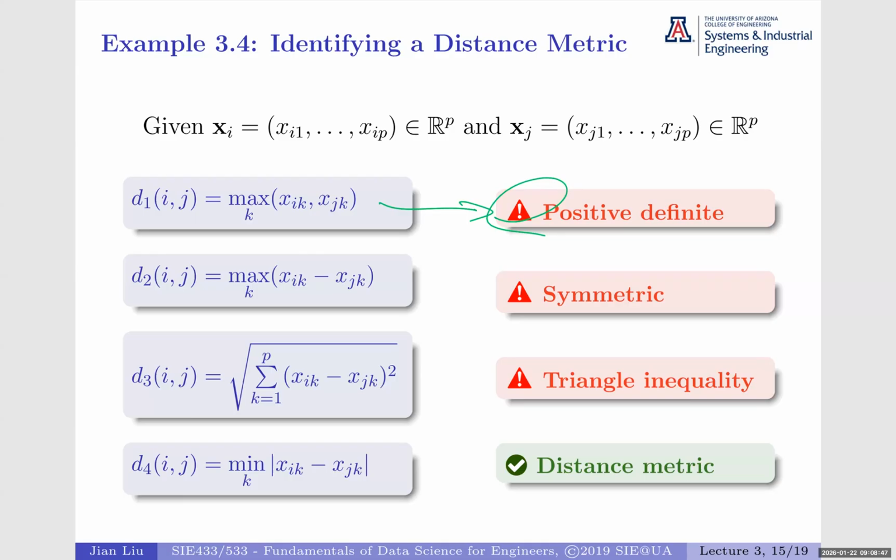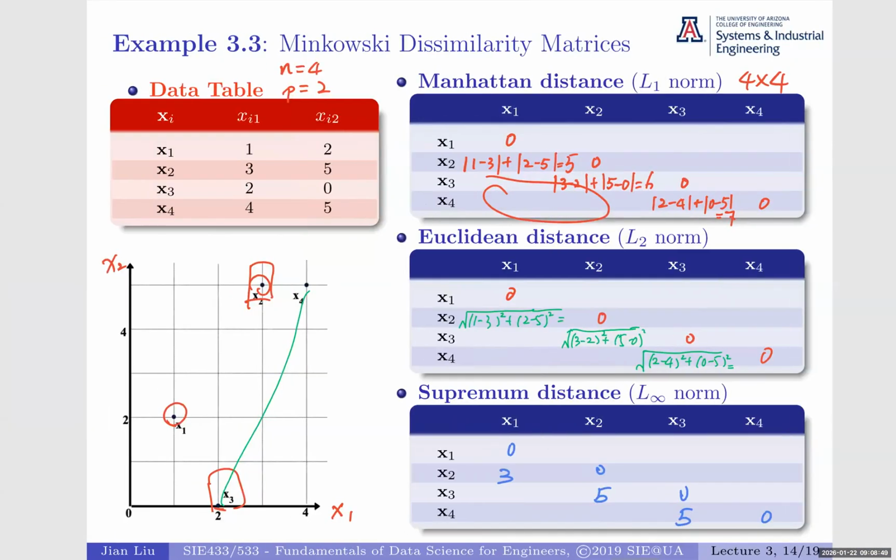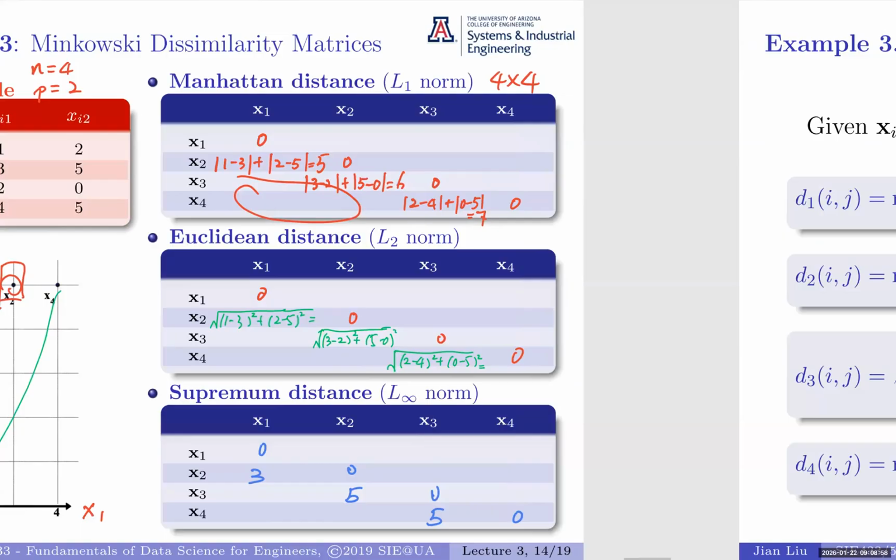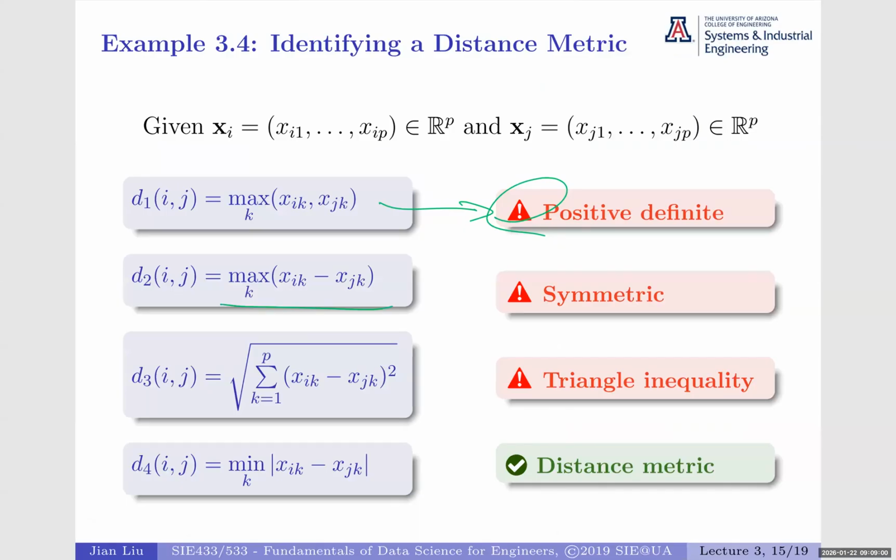And this L2 is more similar to this L infinity norm. The difference is there's no absolute sign for this max. Again, potentially a non-negativity violation. Okay, this could be negative.